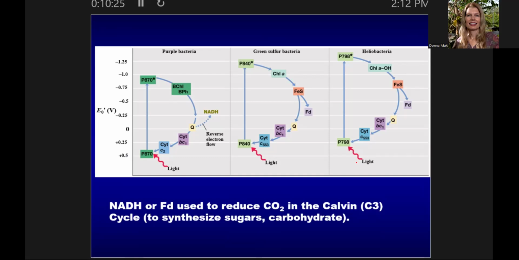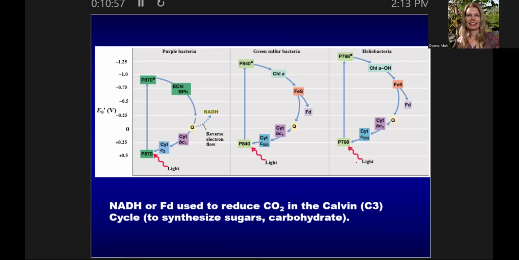But basically, you can see that they're on the reducing potential tower again, or redox node, and you can see that purple bacteria are a little bit lower on it, so they're not quite as efficient. Whereas green sulfur and heliobacteria, they're a little bit higher up. So it's a little easier for them to work through this photosynthesis and get more bang for their buck. So this is all fine. This is the light reactions of photosynthesis going on.